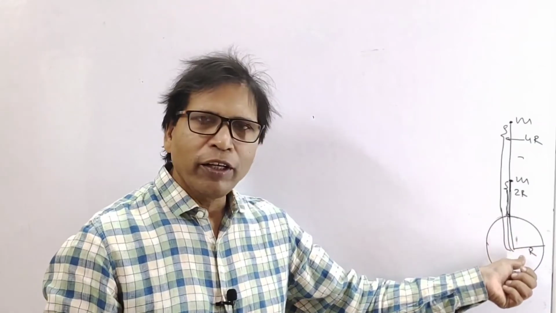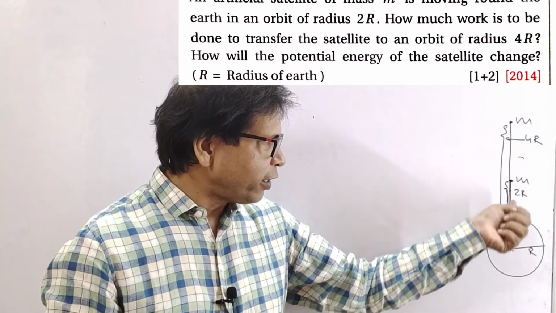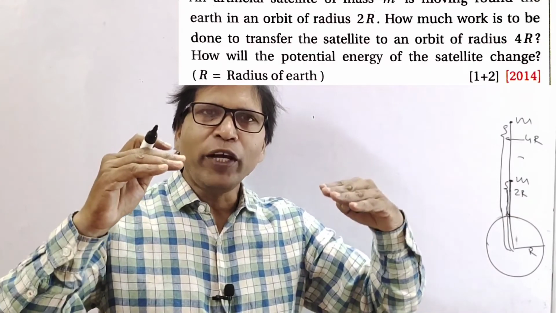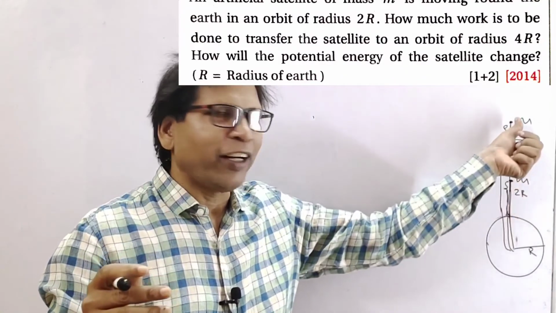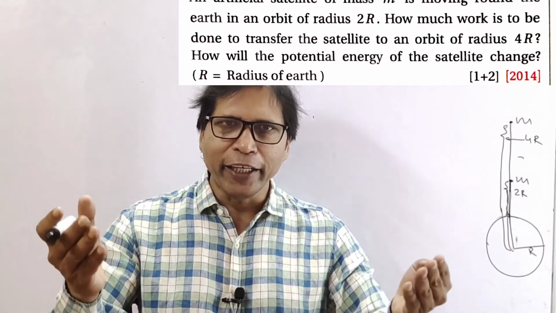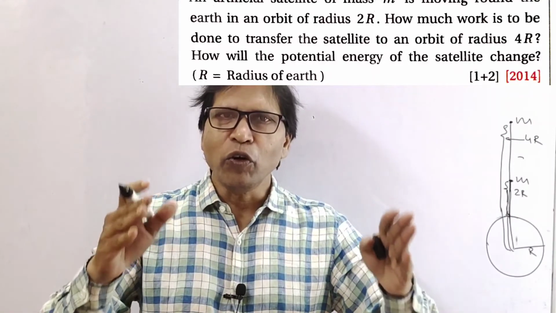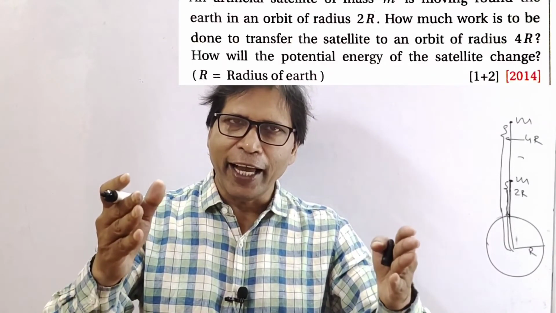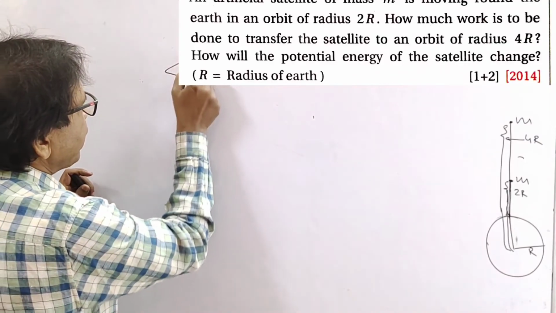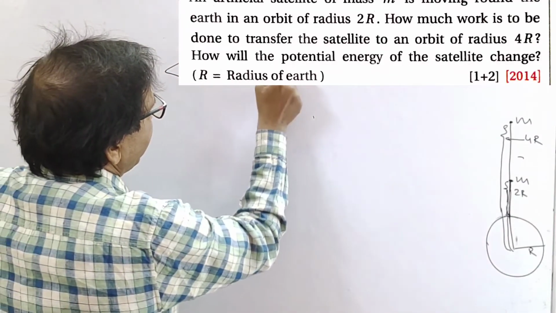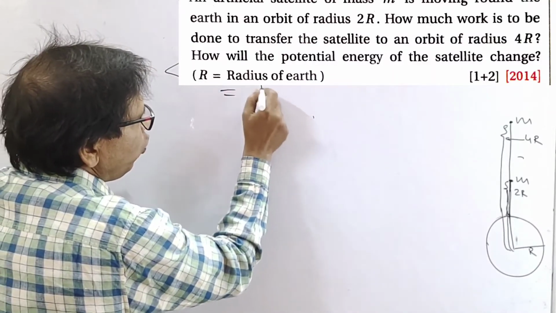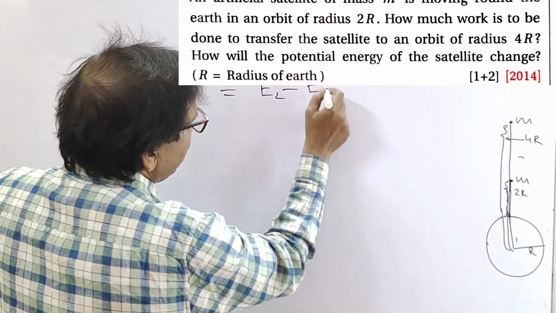Okay. Now the radius of orbit of a satellite of mass m is 2R. Now it's transferred to another orbit of radius 4R. We have to calculate the work done. As the satellite revolves around the earth, it has both kinetic energy as well as potential energy. So the work done is equal to the change of mechanical energy, delta E, that is E2 minus E1. Now look at this.